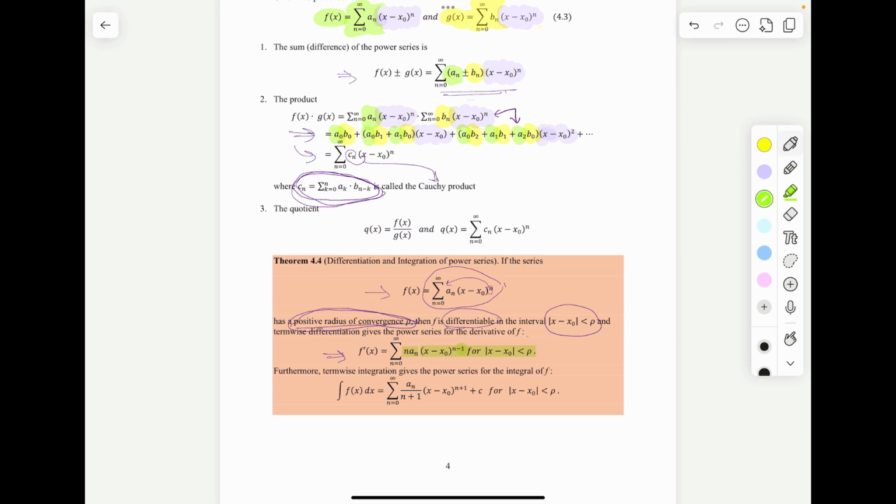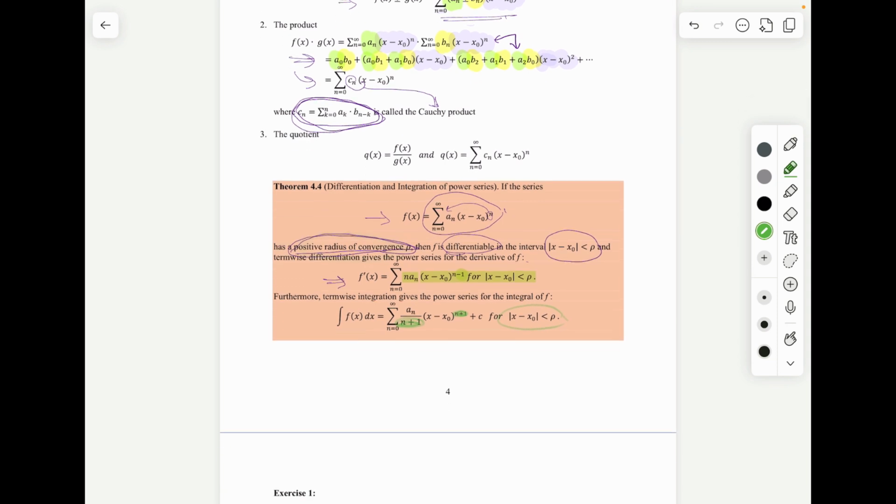For integration, almost the same. When you integrate the power series, you would plus 1 to the power, and then you divide by the power n plus 1, for absolute of x minus x naught less than rho. So in order to apply this differentiation and integration of power series, the radius of convergence should be positive.